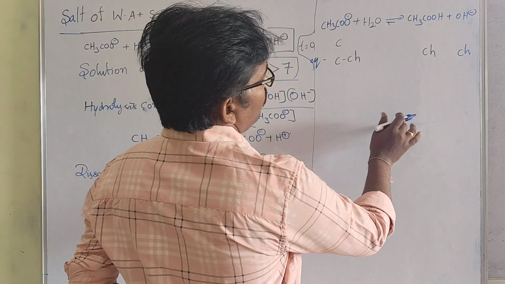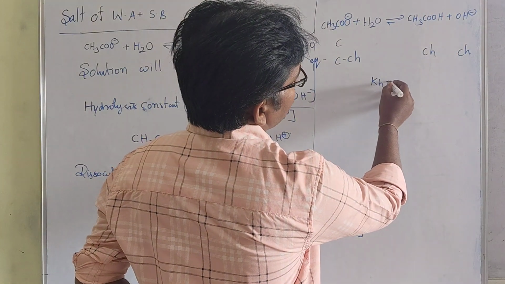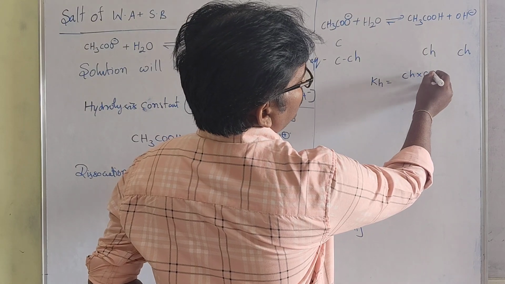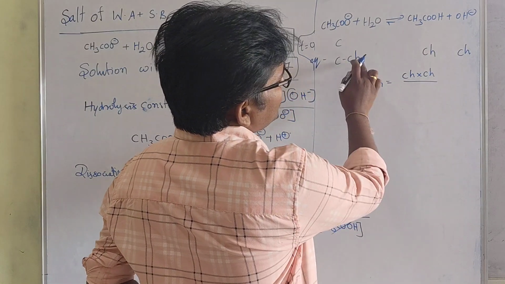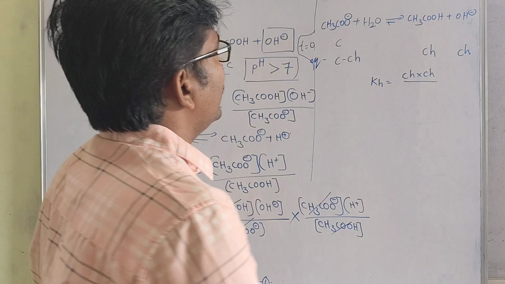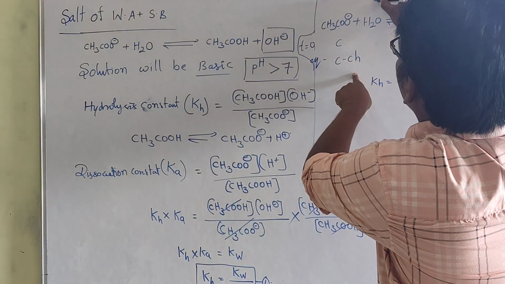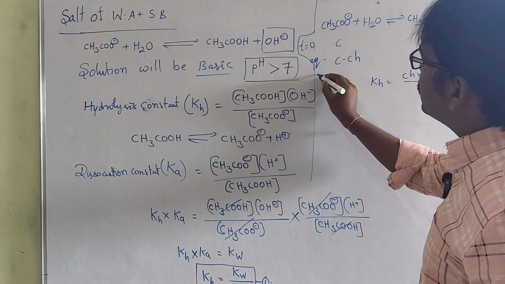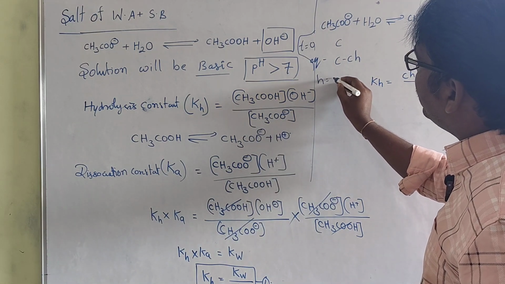Then if you want to take Kh from here, Kh is equal to Ch concentration into Ch concentration. What is the h here? h is the degree of hydrolysis.